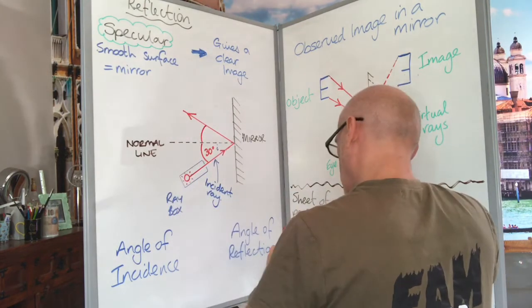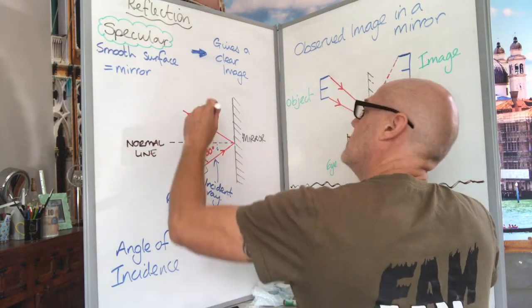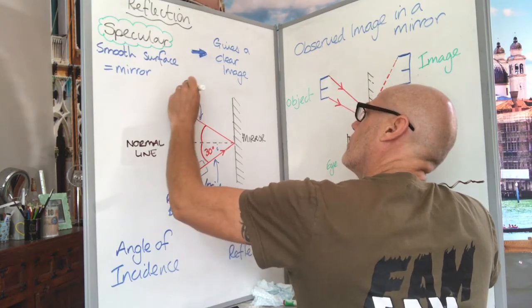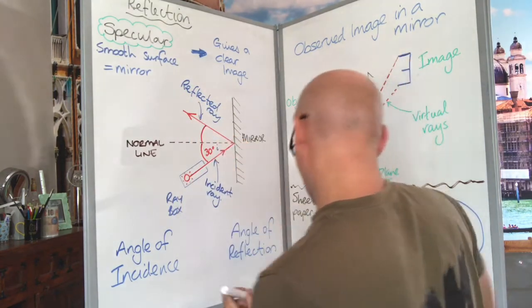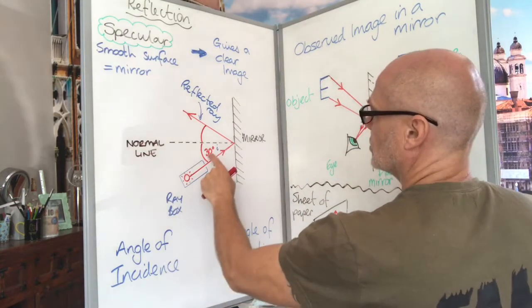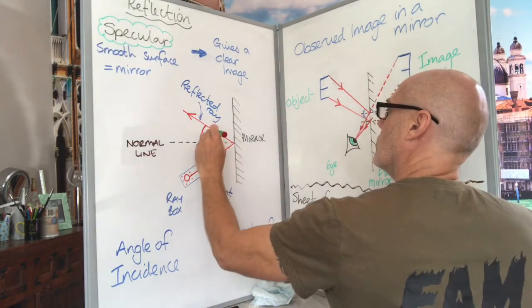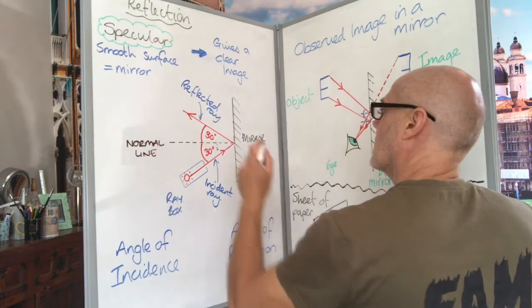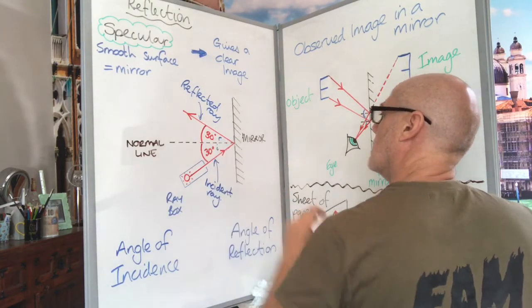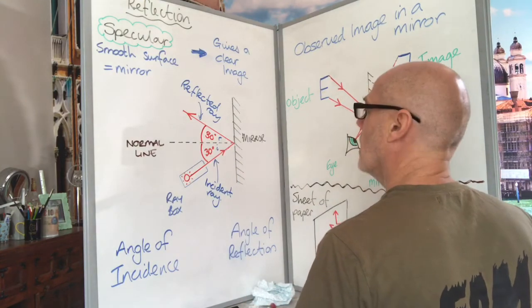So this is known as the reflected ray. And we would measure this angle here. Now if this angle is 30 degrees, this angle will also be 30 degrees. And that's angle r. So lowercase i and lowercase r.